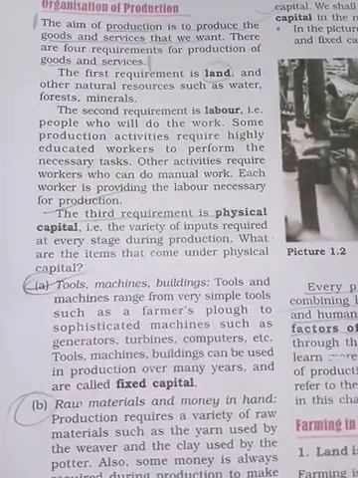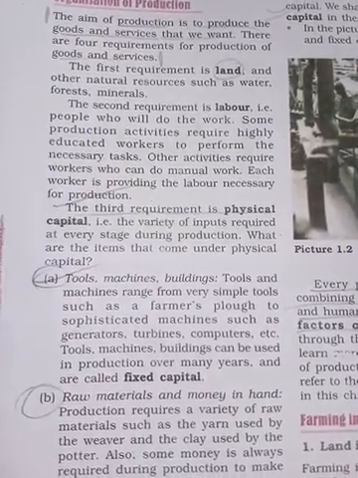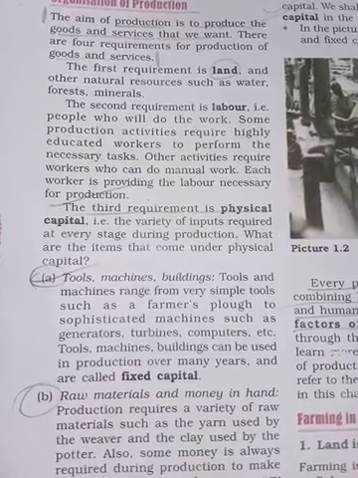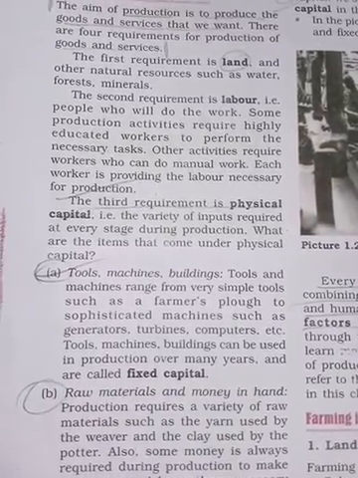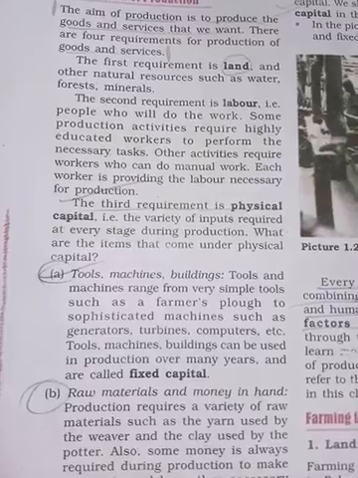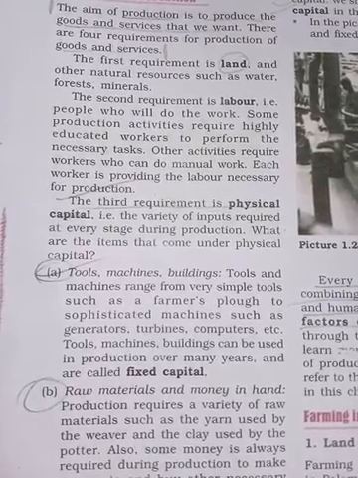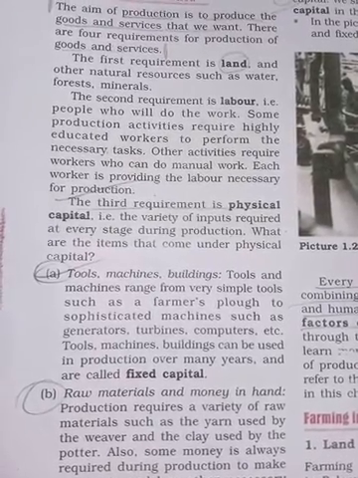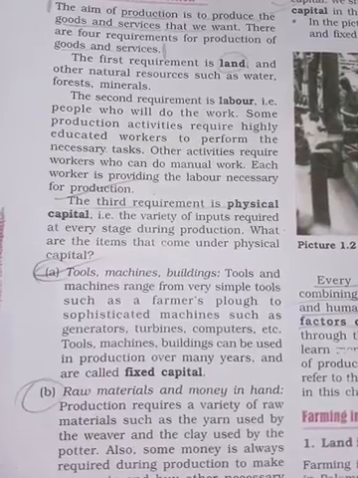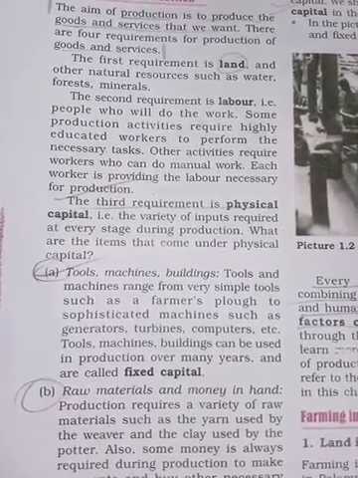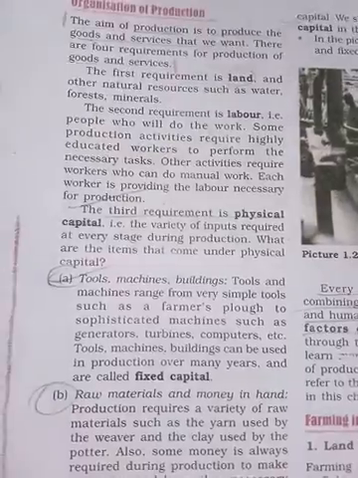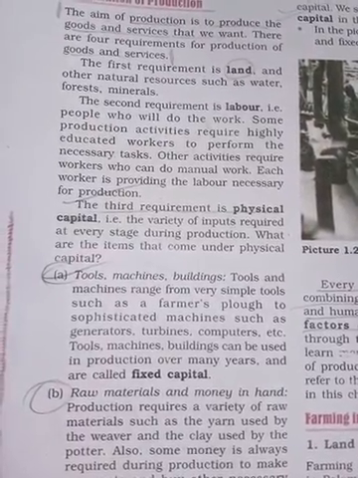Number one is tools, machines and buildings. And the second one is raw material and money in hand. Look here, tools and machines range from very simple tools such as the farmer's plow to sophisticated machines such as generators, turbines, computers, etc. Tools, machines and buildings can be used in production over many years and are called fixed capital.